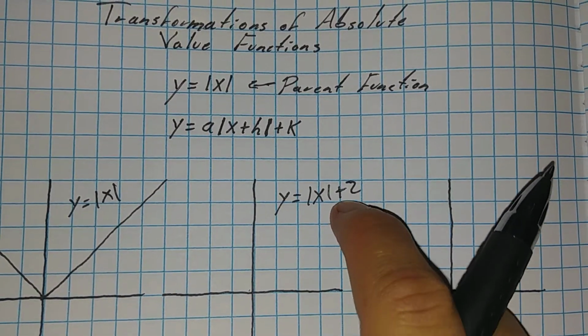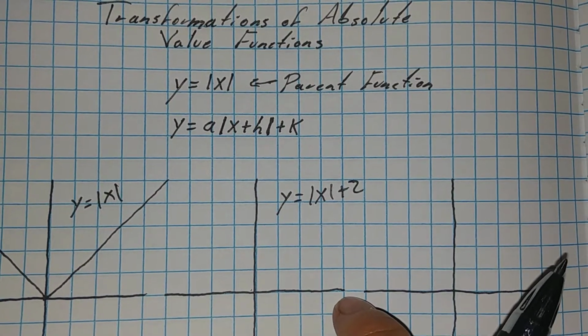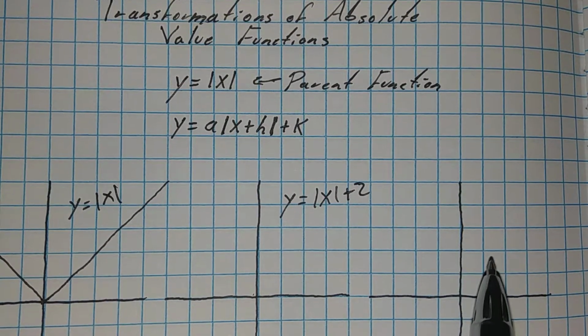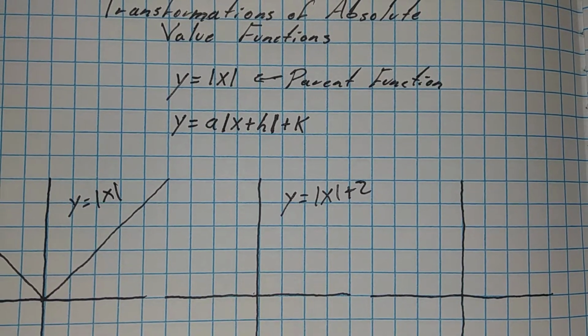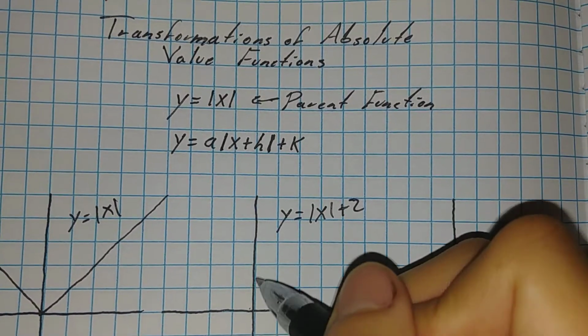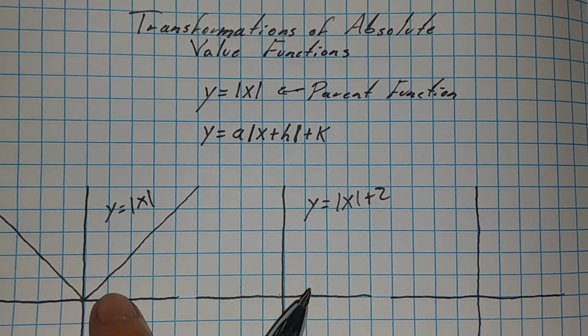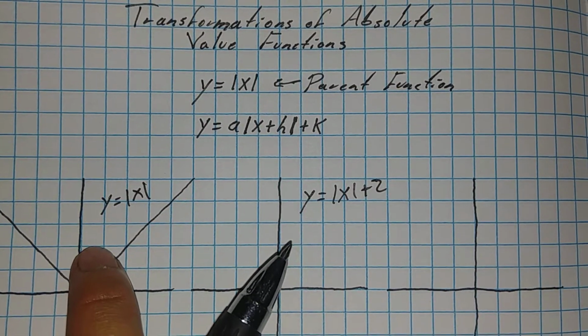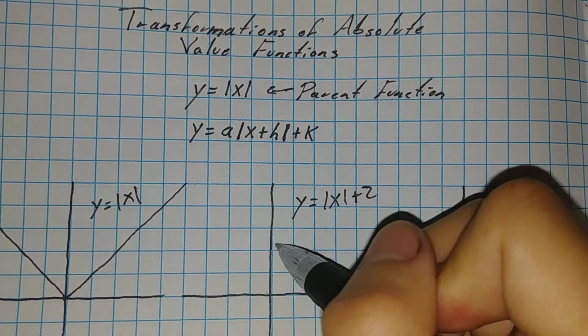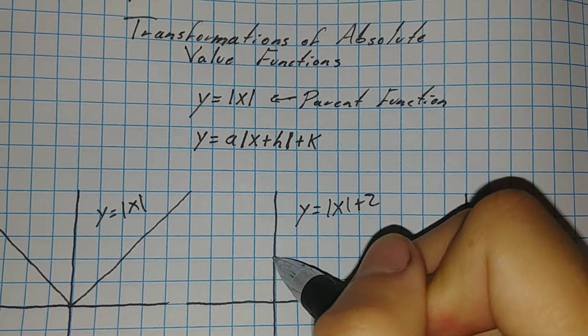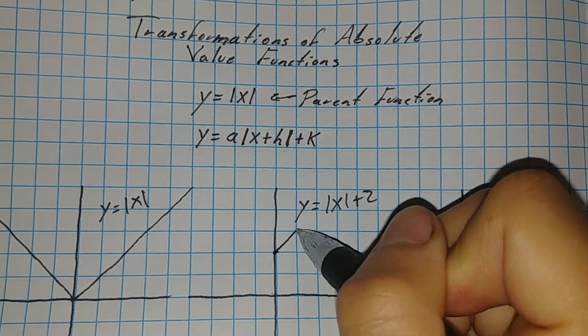If it was negative, then it would be downwards 2 units. So it's a shift upwards by a factor of 2. I would take the same graph and shift it up 2 units.